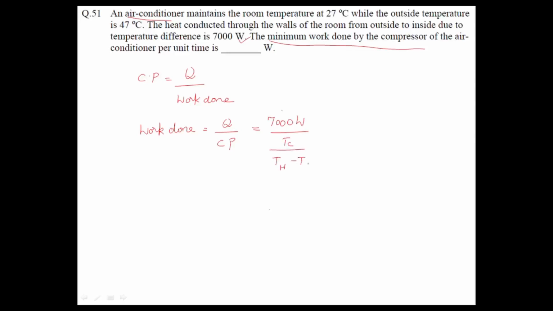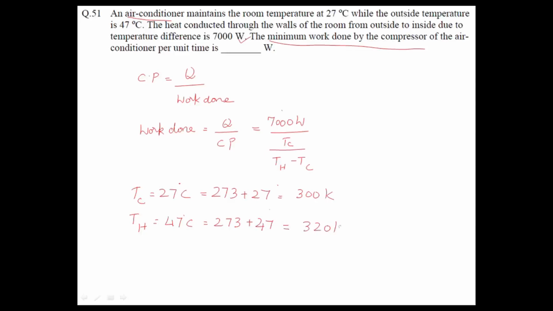In the question, they have given the value of Tc as 27 degrees Celsius. When we convert it into Kelvin, 273 plus 27 gives 300 Kelvin. The hot temperature Th is 47 degrees Celsius. Again it is converted into Kelvin, and we will be getting 320 Kelvin.